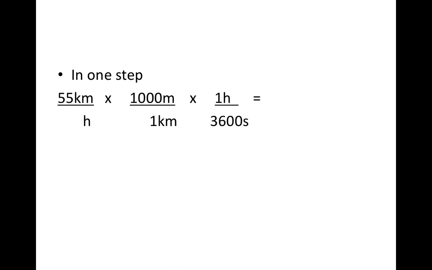We can do this in one step by chaining the unit conversions. This is called chaining them, where you do them together in one step. So first we convert the numerator, 55 kilometers, into meters, and then we convert hours, the denominator, into seconds, and all of your units should cancel out appropriately.